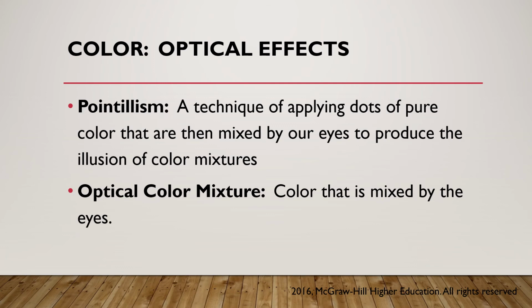The brain is a wonderful thing, and you could take a dot or a splash of red and a splash of yellow and put that next to them. When you back up from it, your eyes are going to see the illusion of orange.